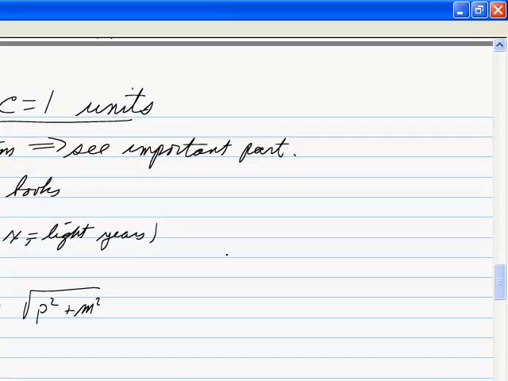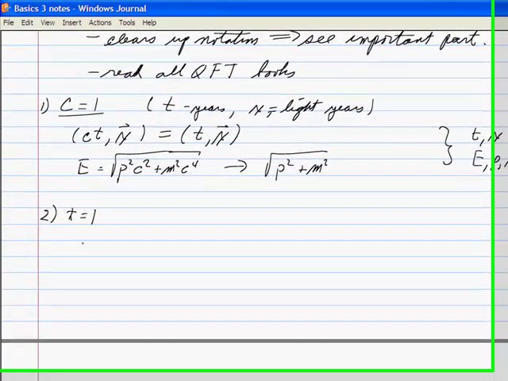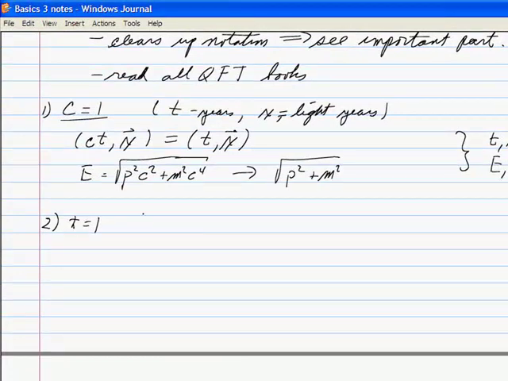So at this stage, there's two basic units, t and x, and E, p, and m. So at this stage, there are separate units for years and energy. But if you also take h bar equal to 1, then since delta E delta t is greater than h bar, that's going to now turn into 1.